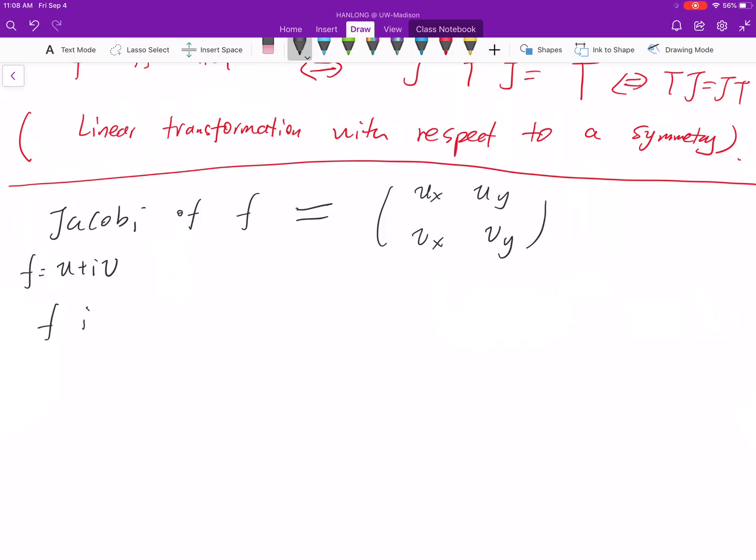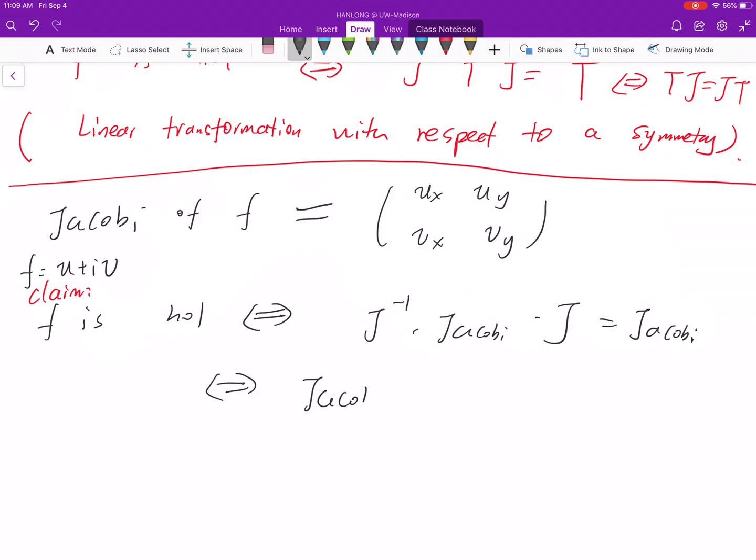Then I claim f is holomorphic if and only if J inverse times Jacobian times J equals Jacobian, or the Jacobian commutes with the symplectic matrix.